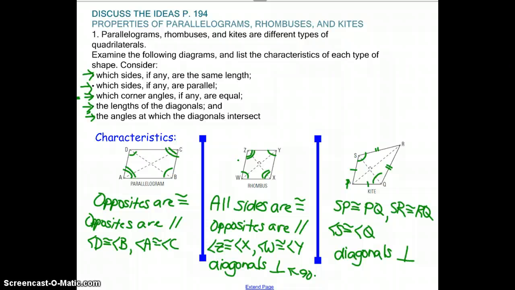Now a square needs to have 90-degree angles. So this is not a square, but it does fit one of these. It's a rhombus, good. So we know that this is actually a type of parallelogram also, because opposite sides here are parallel, if you'd actually go and measure them. But since all these sides are the same, that makes it a rhombus.